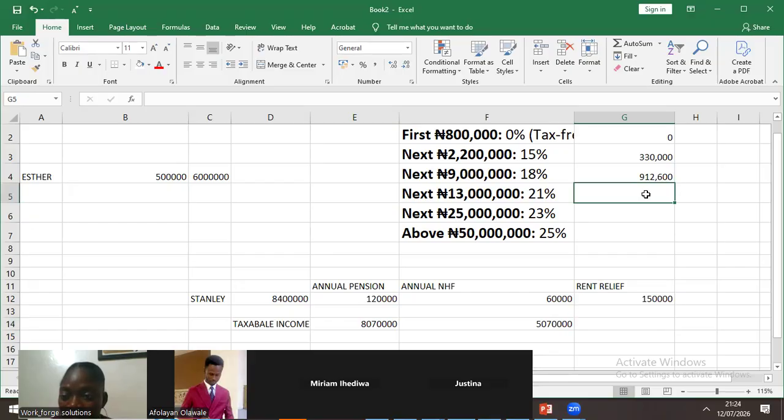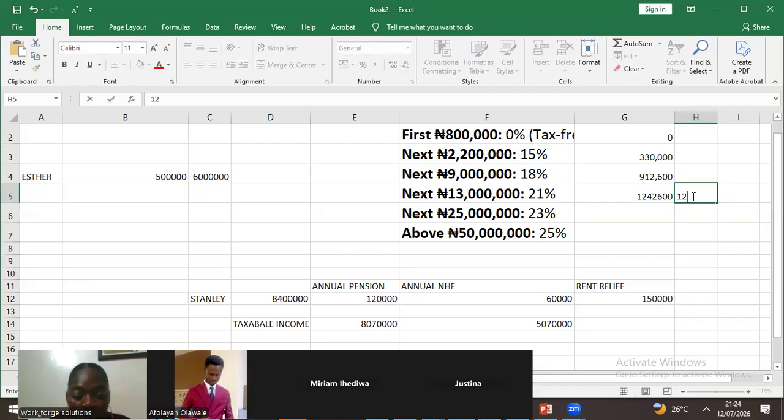So now I'm going to calculate our total tax, which is 330,000 plus 912,600. So this is the total yearly tax. If I want to get the monthly amount, I divide by 12.